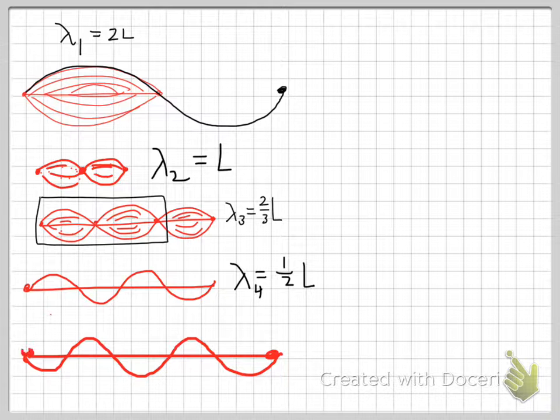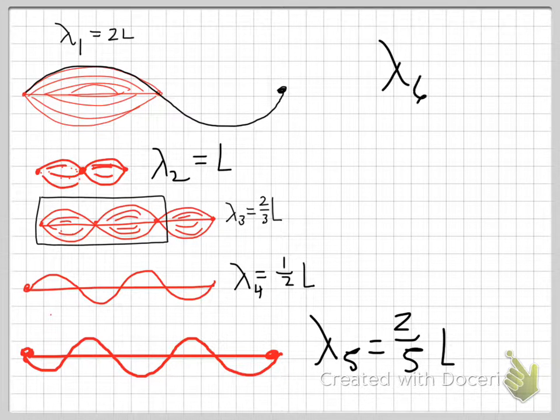There we go. Okay, it's pretty ugly, but we'll take it. Wavelength for the 5th harmonic? 2/5. Without even drawing it, what would be the wavelength for the 6th harmonic? It'd be 2/6 or 1/3 L. Okay, and this is actually, I mean, a guitar string is vibrating like this. You're creating harmonics on a guitar string.